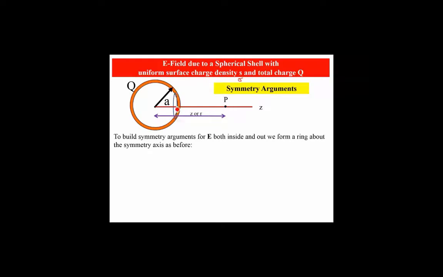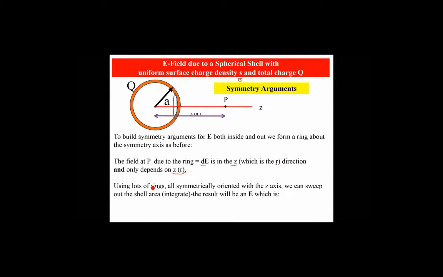We use the same arguments as before. The field at P, due to this ring, dE, is in the z direction, which is in the r direction, and only depends on z. So we have both the direction of dE and the functional dependence of dE.